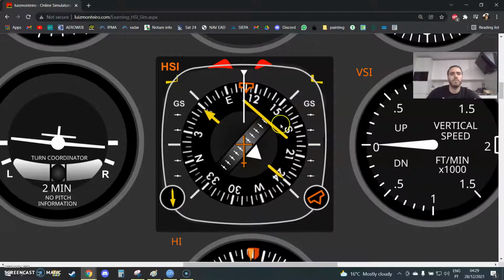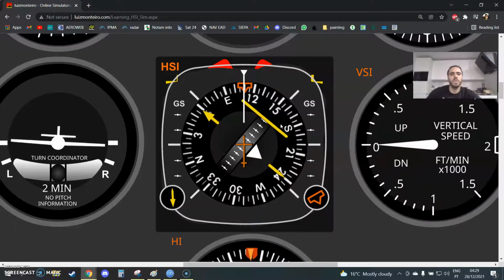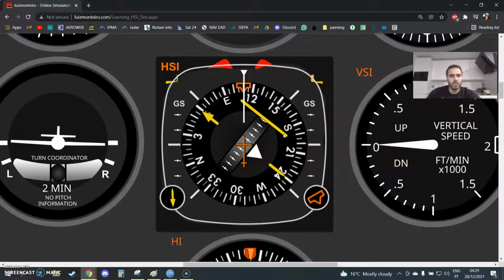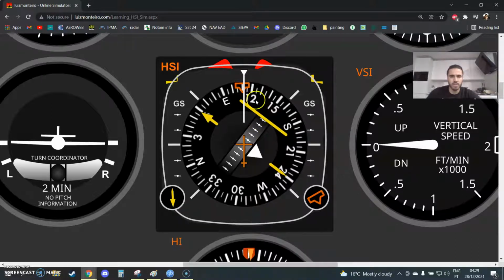Okay. So towards the end of the CDI. All right. And now I'm basically intercepting. I'm gonna pause this. I'm intercepting radial 060 outbound. Okay, I'm going to intercept this radial, and this is the first part.